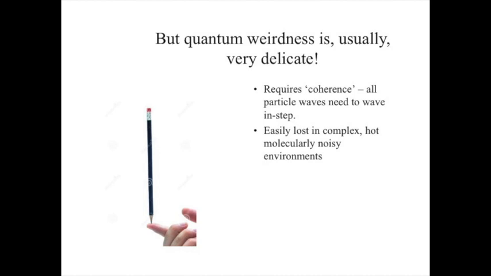But this is where the border between the quantum and the classical world kicks in, because as you have more and more particles involved, it's less and less likely that they will be waving in step. So quantum mechanics requires this delicate order, which is very fragile. All of the particles within an object have to be waving in step. It's easily lost in complex, noisy molecular environments.